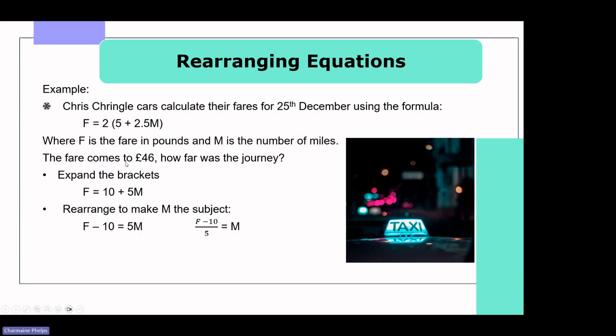But it says I need to work out how far the journey was, how many miles. So now what I need to do is just what I've done previously, substitute into the formula, and solve it following BIDMAS. So I then have 46 take away 10 divided by 5.